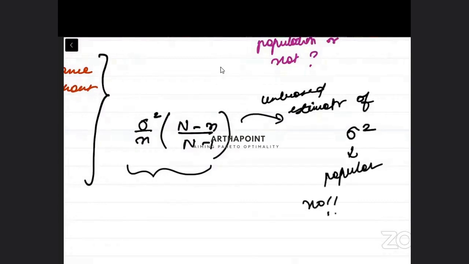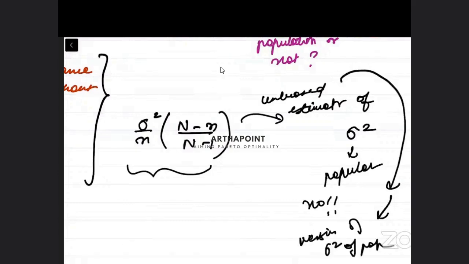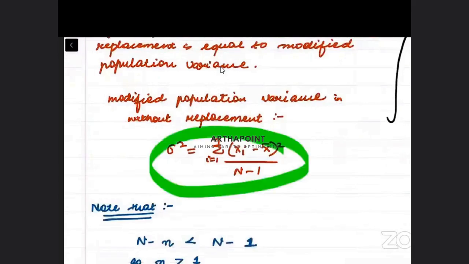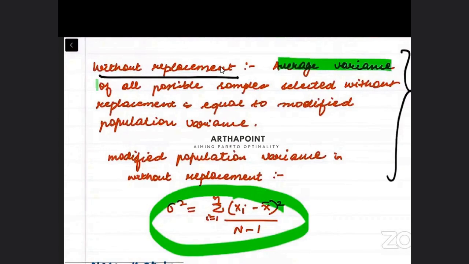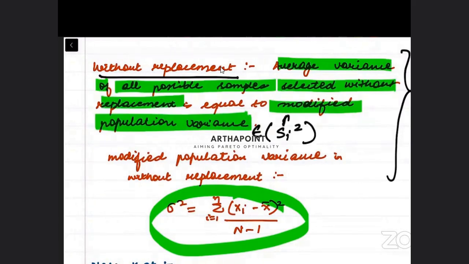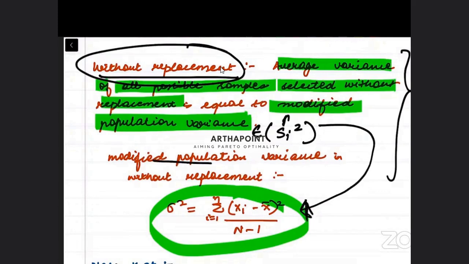The answer is no. It is an unbiased estimator of a different version of sigma square of the population, where the formula of sigma square is this. So please write this down. The average variance of all possible samples selected without replacement is equal to the modified population variance. So the expected value of the variance of the sample without replacement, the formula we derived, is equal to the modified population variance.